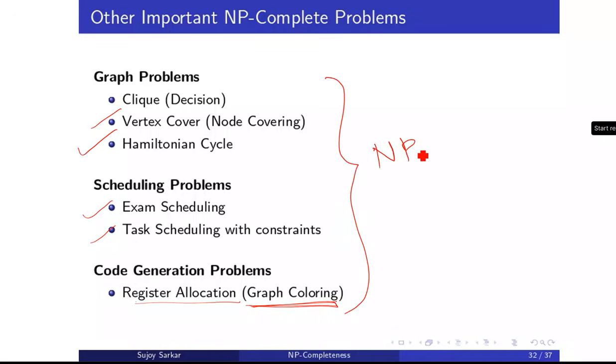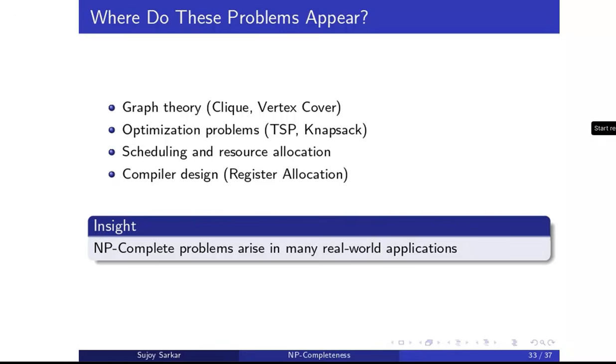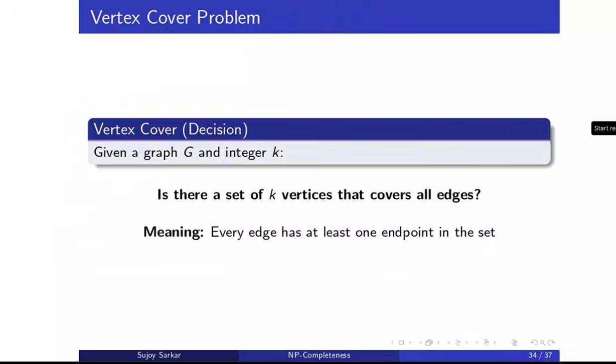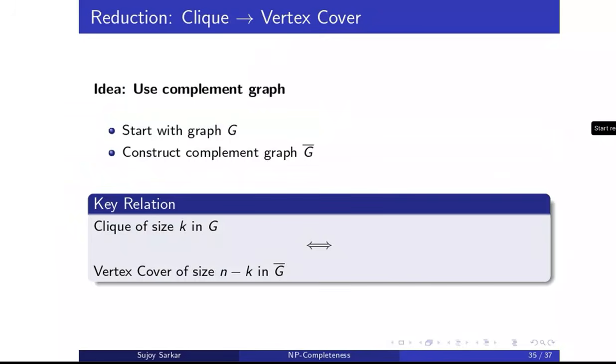These problems come from different areas: graph theory, optimization, scheduling, compiler design. These hard problems are NP-complete problems, and they arise in many real-world applications. In the same way, we can show that Clique can be reduced to vertex cover.